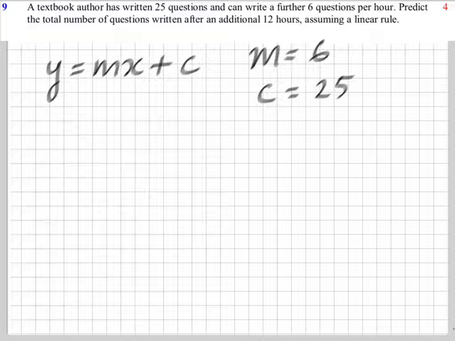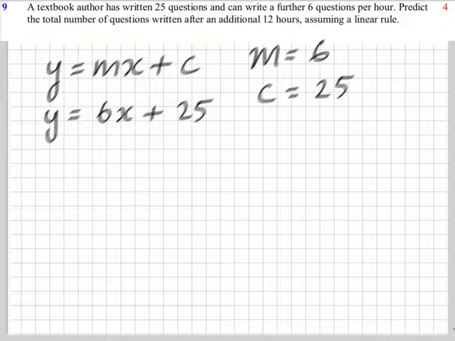So my gradient is 6, the rate of increase is 6, and at the very beginning there were 25 questions. So with y is equal to mx plus c, our rule would be y is equal to 6x plus 25. Now I want to change these variables. We're going to make x the hours, so we can change this to h.